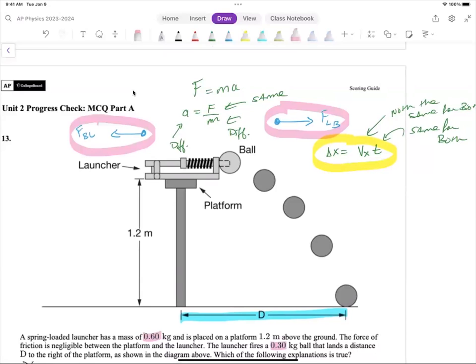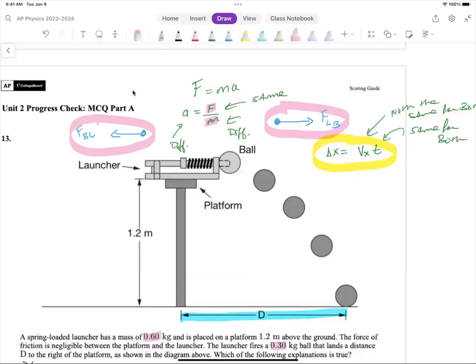They're identical to one another. So if I use that F equals ma relationship, the acceleration is equal to force over m. Well, the acceleration for the ball is going to be twice the size of the acceleration of the launcher because the mass is smaller by half. Okay, so it's the factor of change problem.